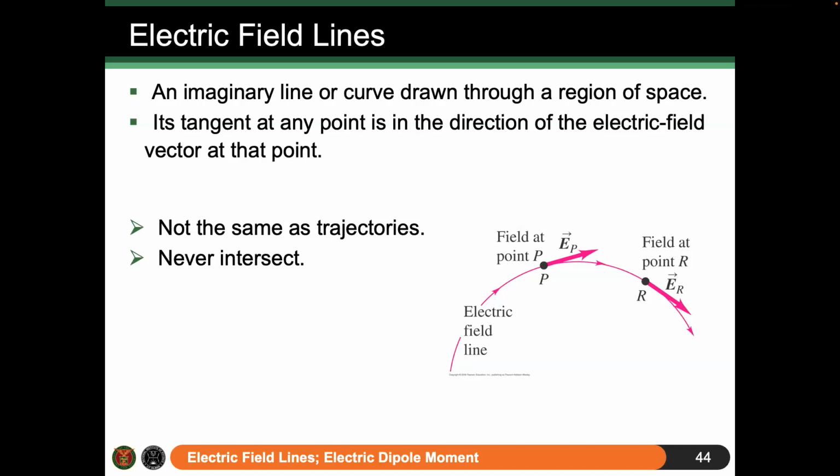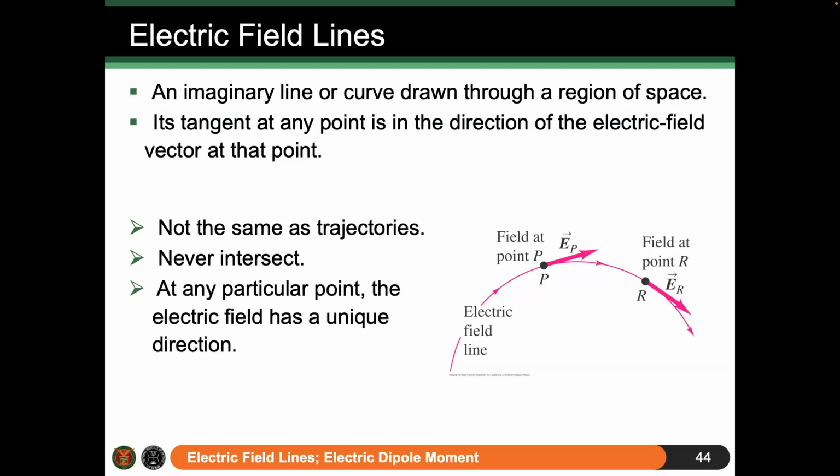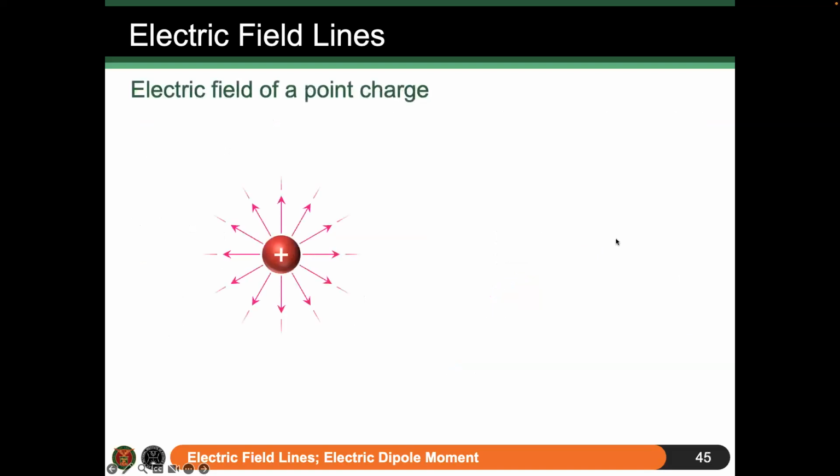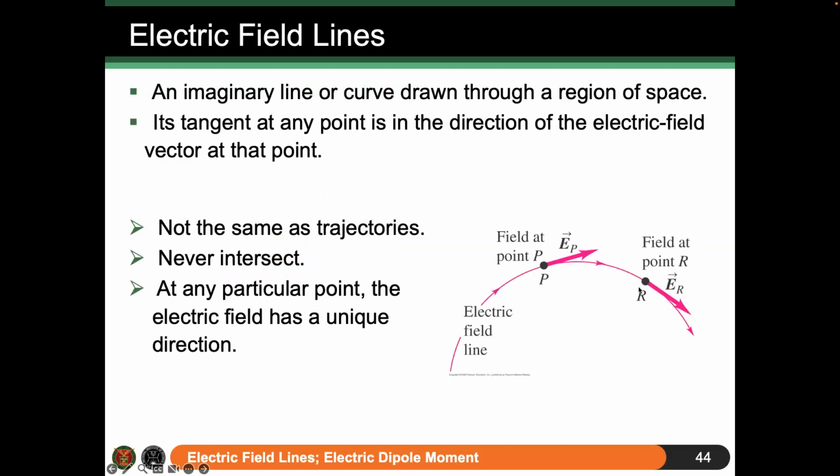Okay? And more importantly, electric field lines never intersect. At any particular point, the electric field will have a unique direction, as shown here. So at point P, ang direction niya is pataas. At point R, ganito naman yung direction niya. Okay?